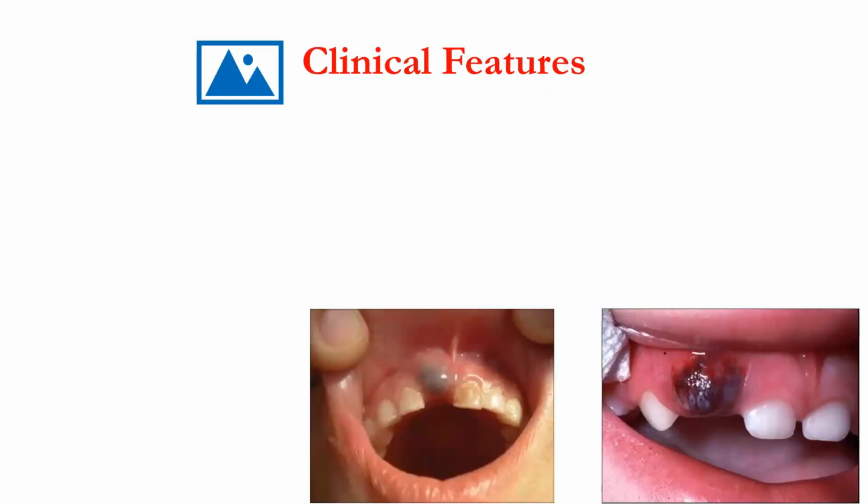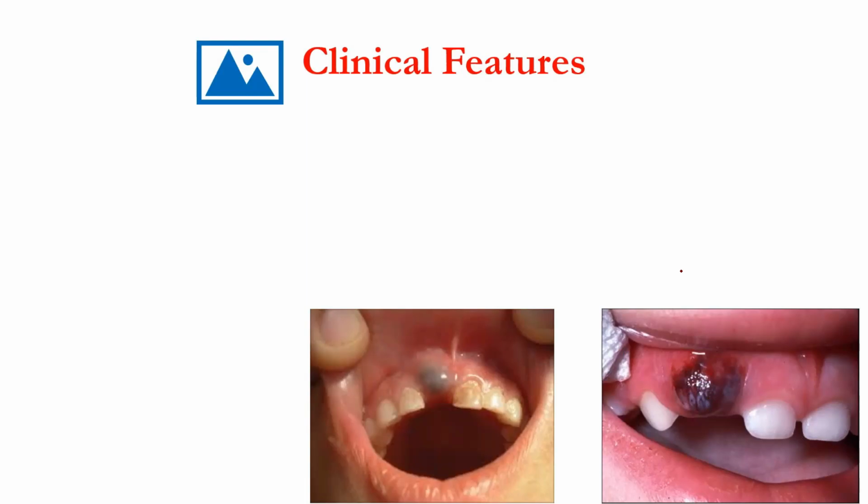Clinically, normally it is associated with an erupting tooth, and that is why the name eruption cyst, right? Sometimes it appears bluish or reddish like this. This is because, especially when it is associated with anterior teeth, or where there could be some amount of trauma and internal hemorrhage, that results in appearance of a hematoma.